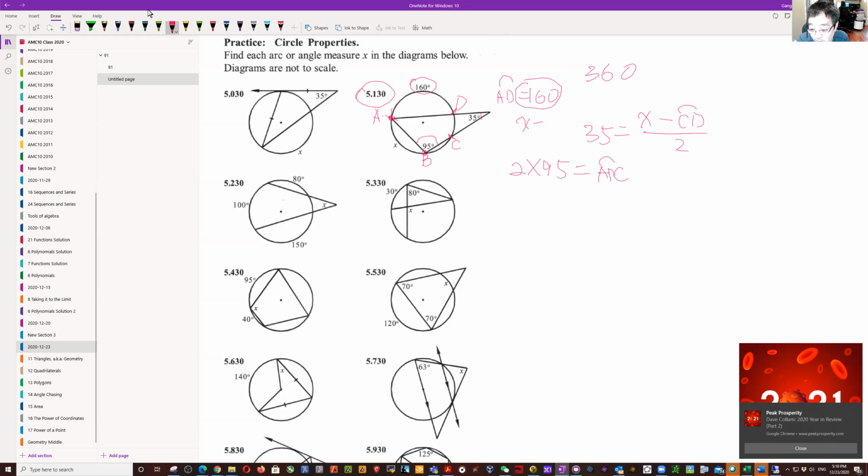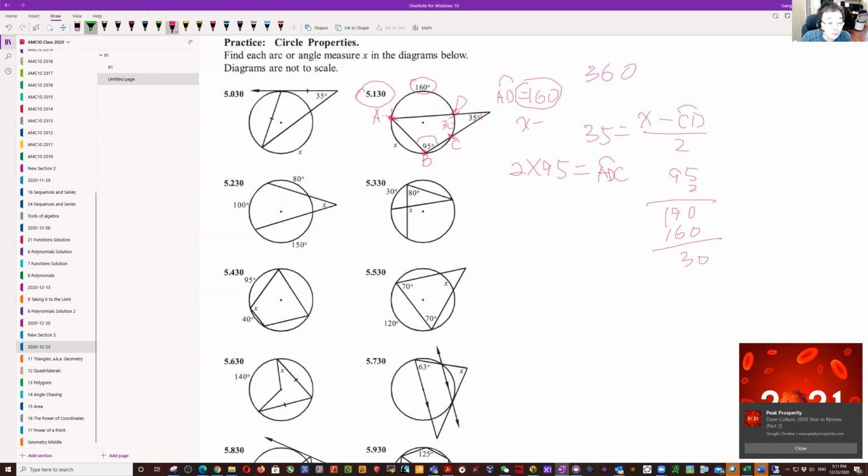You multiply 95 by 2 is 190, minus 160, it's going to be 30. So that means this part is 30 degree.